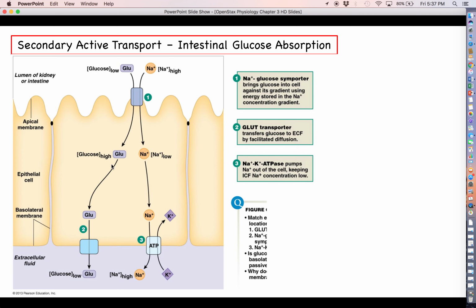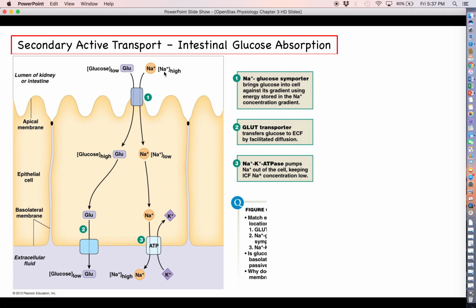And then once it's inside the cell, we want it to pass through the membrane on the bottom, which is called the basolateral membrane. So there are a total of 2 different transport processes that we need to happen for glucose here. We need it to cross the apical membrane to get into the cell, and we need it to cross the basolateral membrane to leave the cell to get into the extracellular fluid so we can get it into the blood.